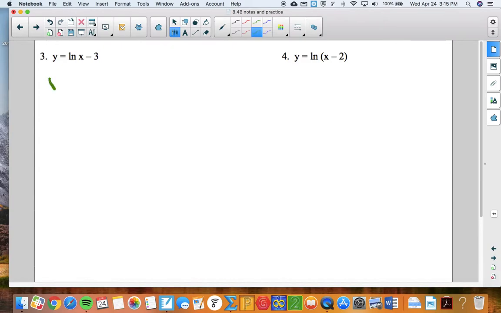Again, switch the x and the y, so x equals natural log of y minus 3. Now when we switch this from log form to exponential form, this natural log means our base is e.